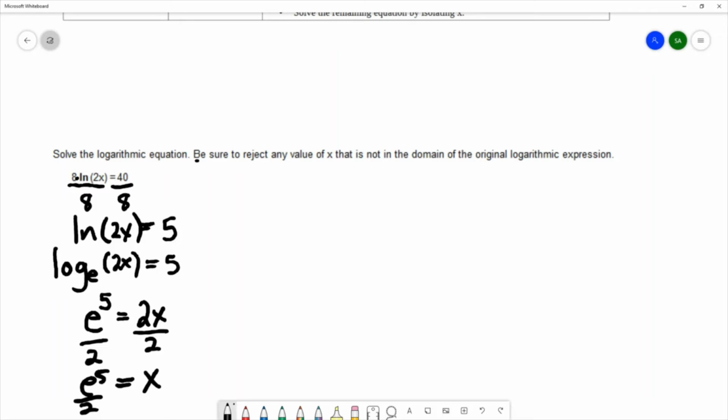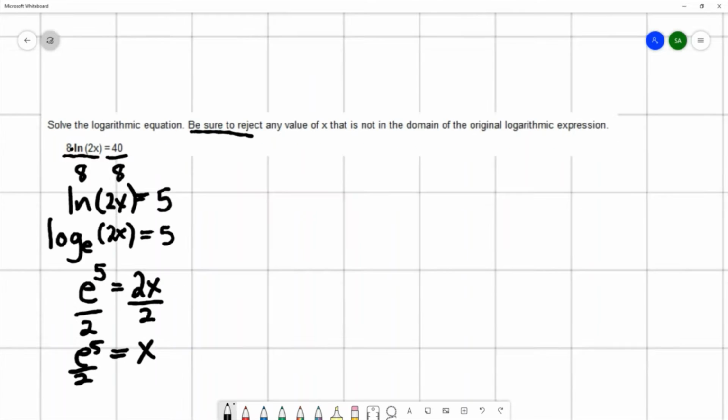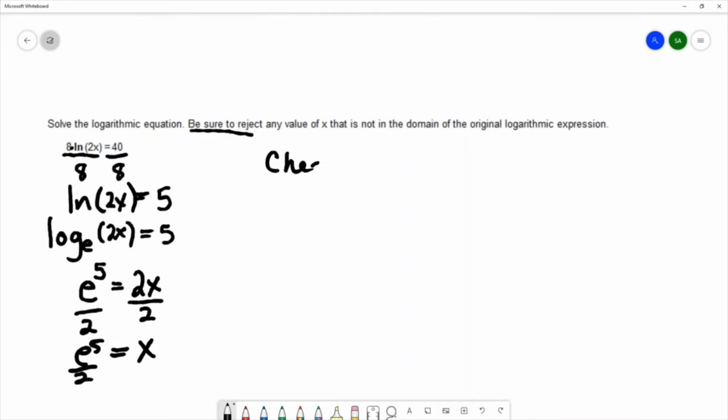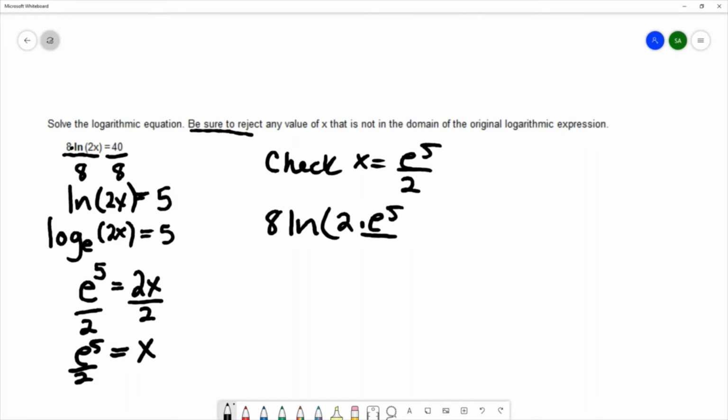Then we need to make sure we check. We're going to check our solution of e to the 5th over 2 by substituting into the original equation. e is 2.718.